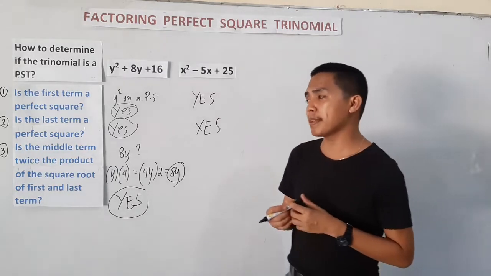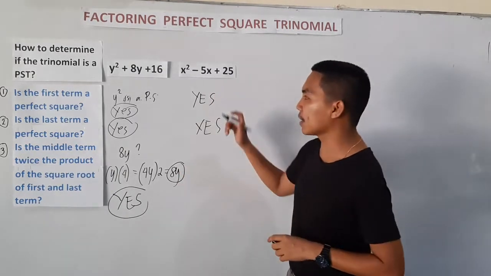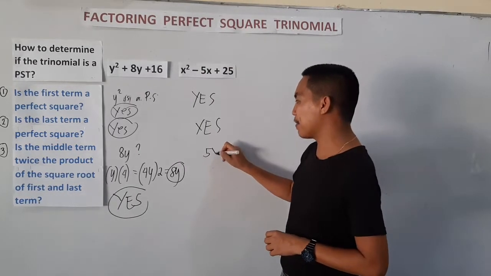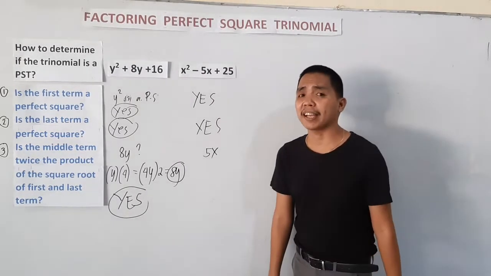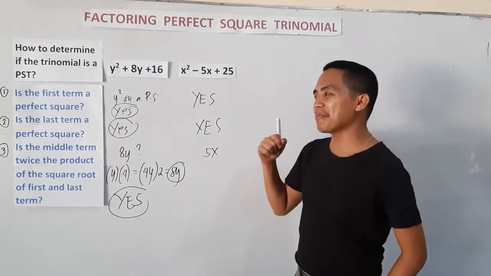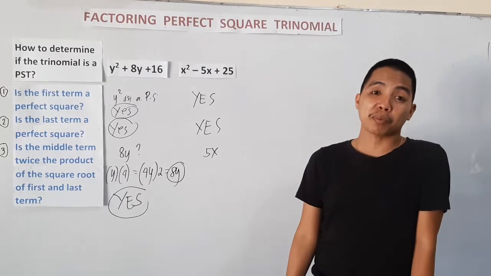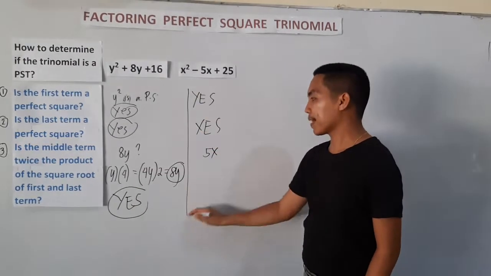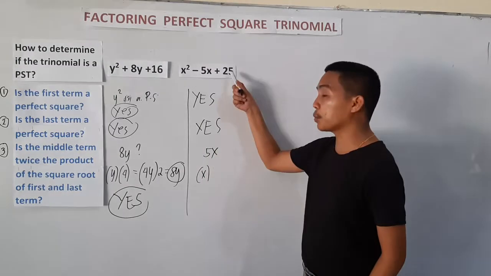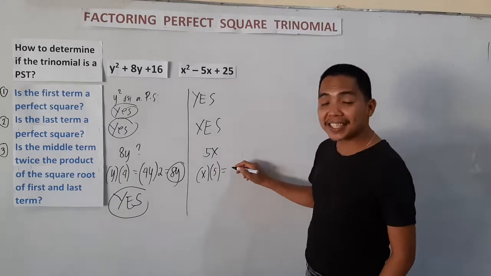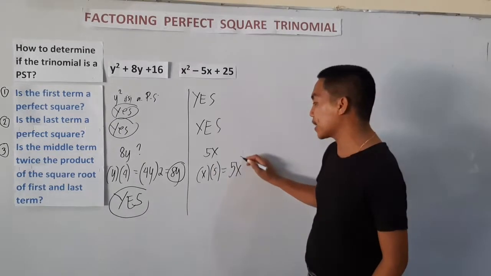Next is the middle term. Ano ang middle term? Negative 5x. Is the middle term twice the product of the square root of the first and the last term? Ano square root ng x squared? X. Ano square root ng 25? We have 5 here. X times 5, we have 5x.